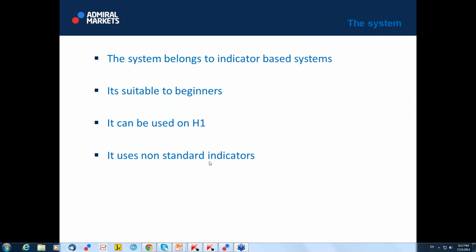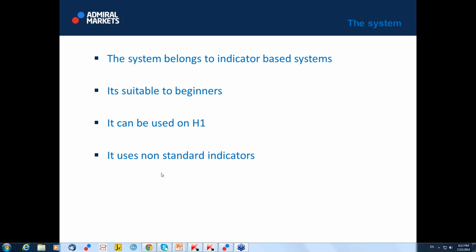It uses non-standard indicators, so you will see, as always, complete custom indicator systems are presented by complete custom indicators. But all of those indicators are based on some standard price calculations. They can differ a bit, adding a few more algorithms.